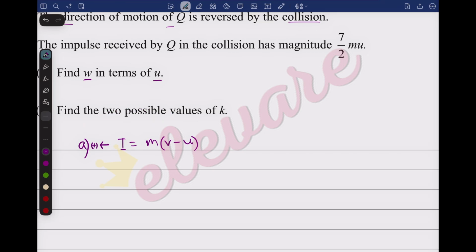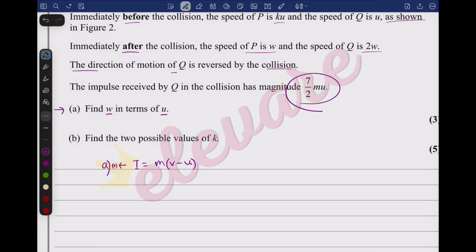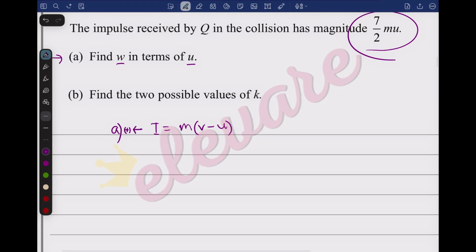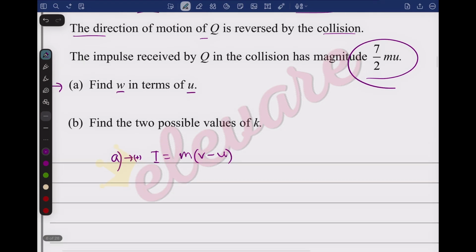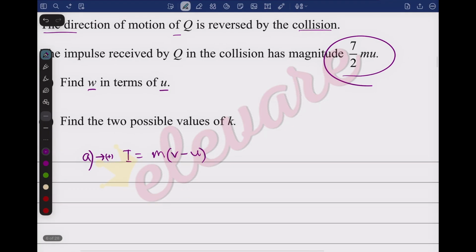Okay, now what is the impulse? The impulse is 7 by 2 mu. That is the magnitude, and impulse is facing to the right, and we considered, wait, why am I considering the left as positive? Impulse is pointed to the right. My bad, guys. Since we're considering the right side as positive and the impulse on Q is also pointing to the right, we're just going to write positive 7 by 2 mu down over here. But if we had considered the left side as positive, we would just add a negative in front of the impulse.